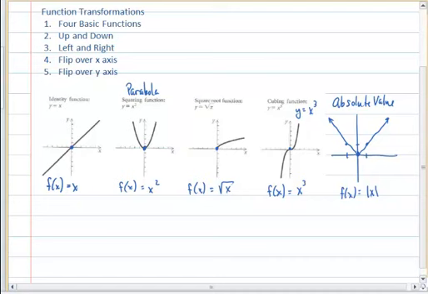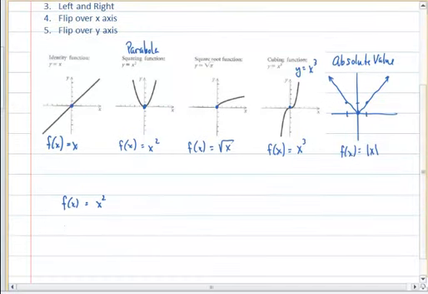So for example, if I had the parabola, let's say f of x normally is x squared, and if I made the function, let's call it g of x, equal to x squared plus 2, that would result in the function moving up by 2 units. So I would take the origin point from 0, I would move it up 2, and all the points with it would also move up by 2.